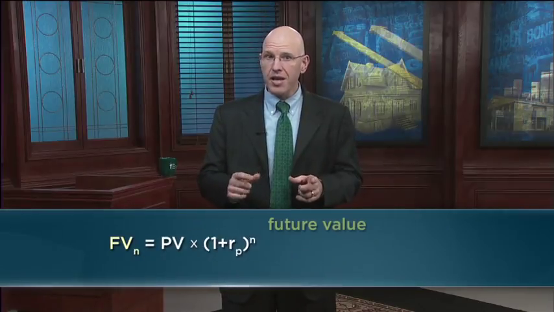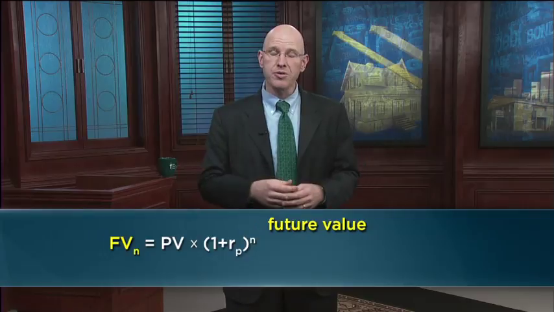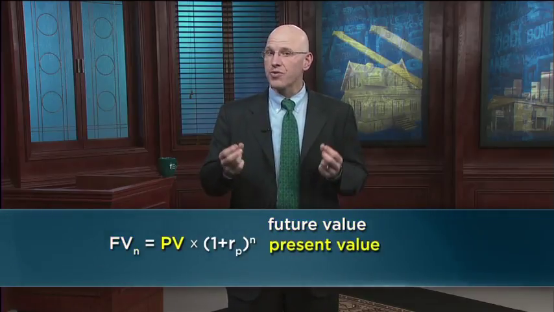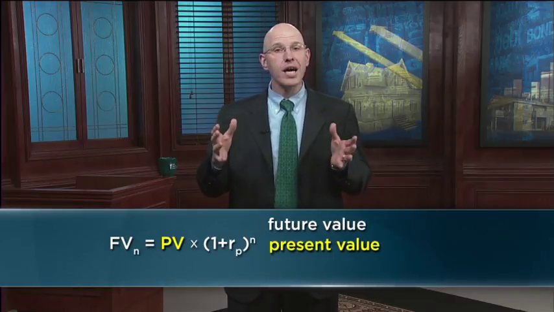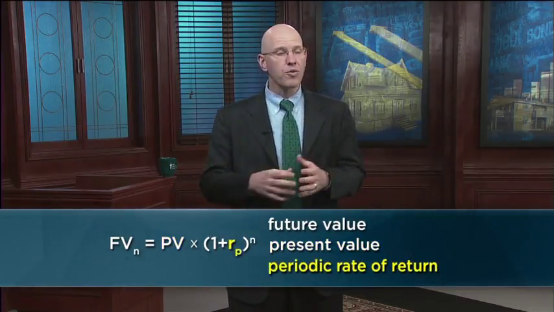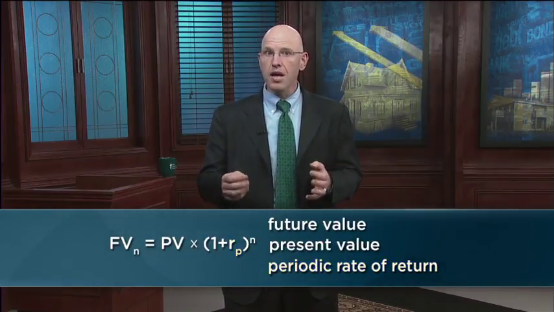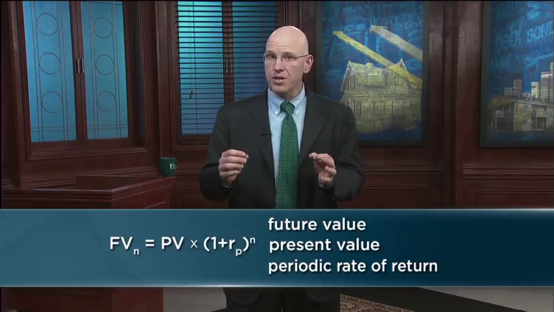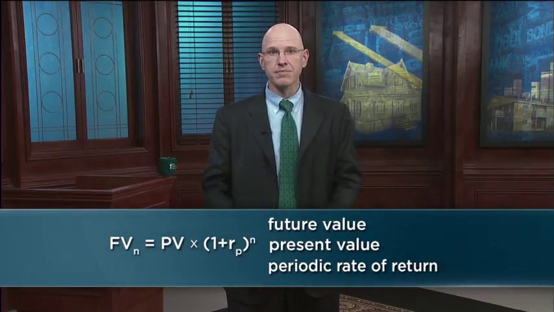In this equation, the FV stands for future value at time n, that is, n periods from now. PV stands for present value. Present value, of course, is what something is worth now at time 0. The RP is the periodic rate for whatever compounding period is used to calculate your returns. Notice that we use periodic rates of return whenever we do compounding. Very important to remember that.